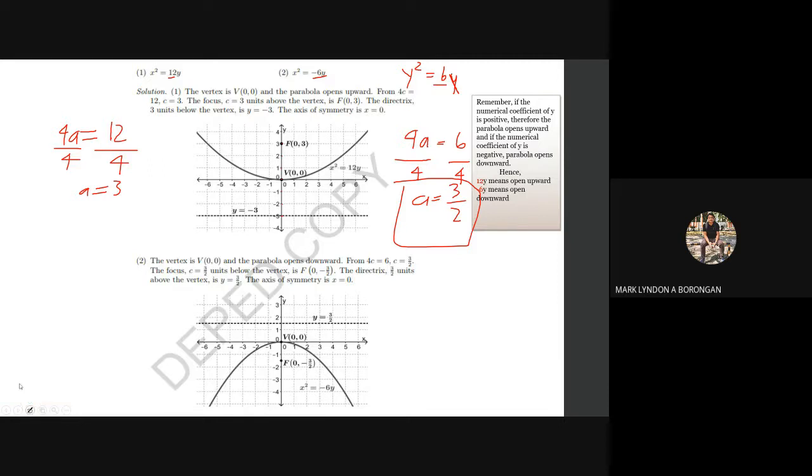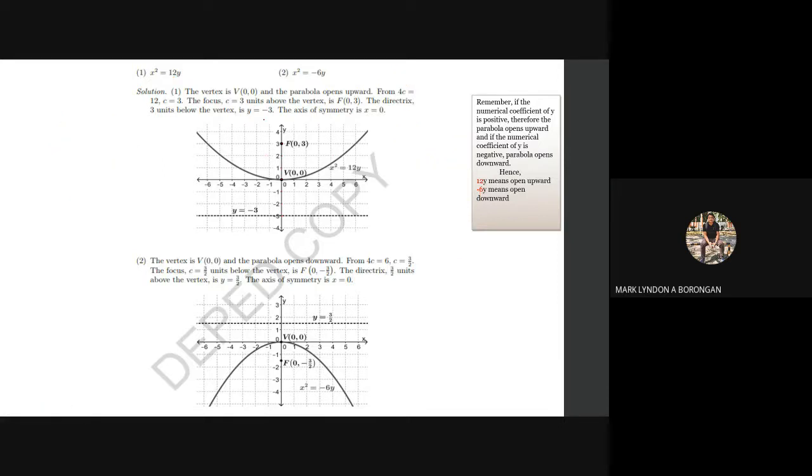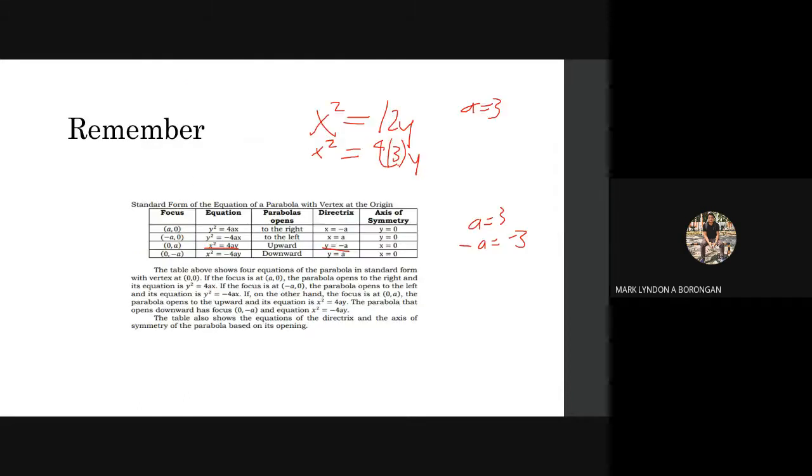So, going back to our earlier example, we found our focus at 3 units. 1, 2, 3. We have our focus, our vertex, and our directrix. And then our axis of symmetry is just x is equal to 0. As you can see in the table, we just write it there. We base it on the table.